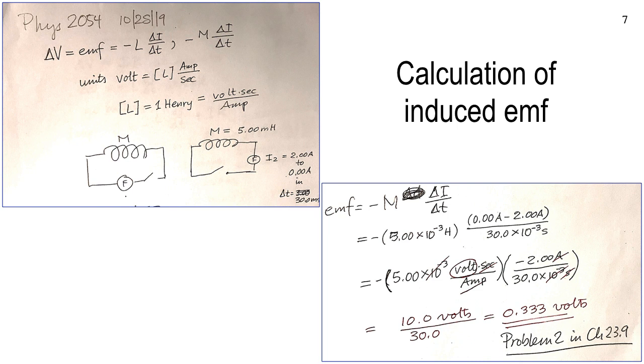All right, now the reason that I did that is so that now you can see the cancellation. We got seconds down here, seconds up here in the inductance. Bam, they're out of here. And we got amps down here and amps over here, so they're out of here.